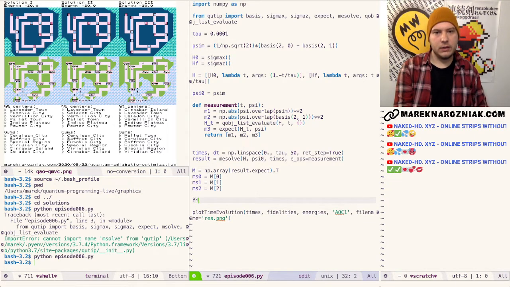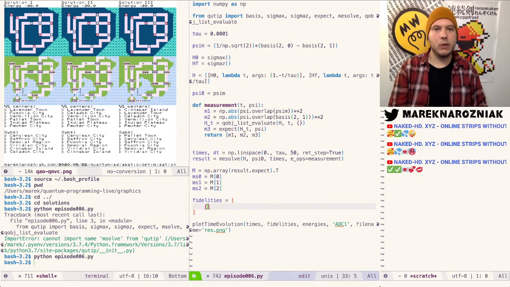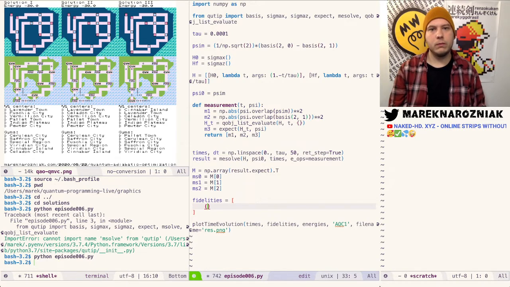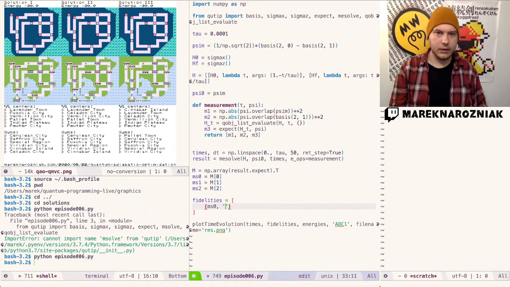So fidelities here will be the expectation values of those relevant quantities. So the expectation value of the minus state and the one state, which are the ground states of the composing Hamiltonians. So this is ms0. No, hold on, this is 1, right?